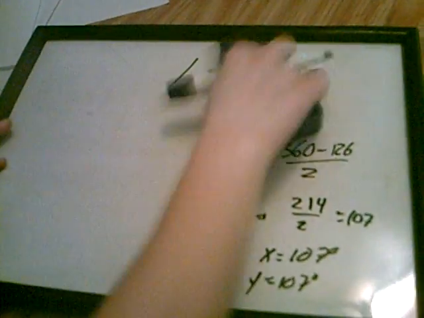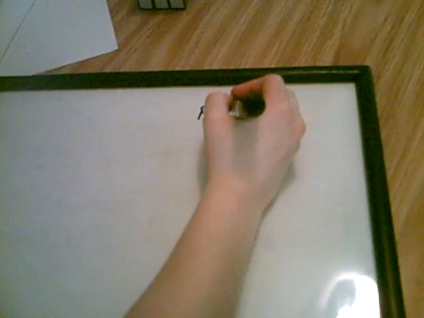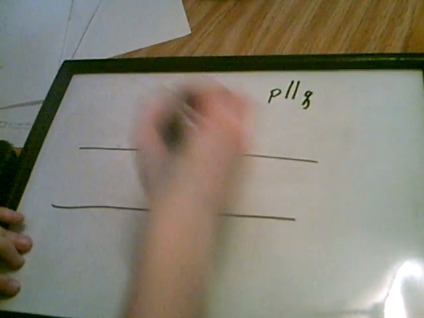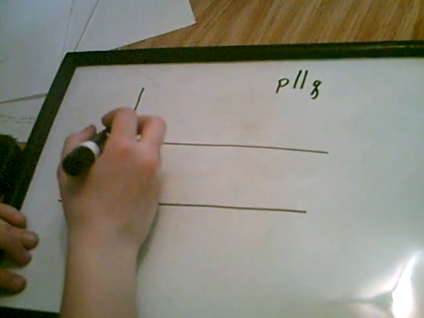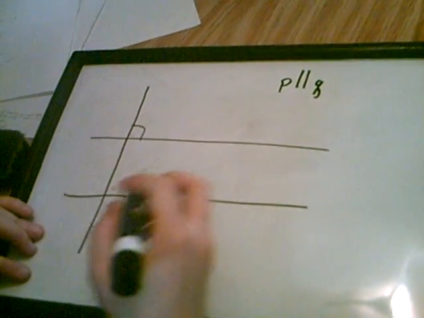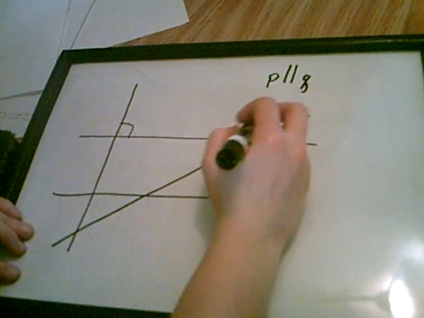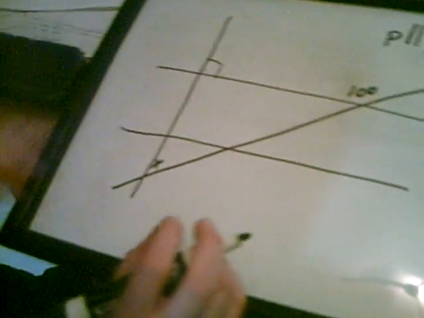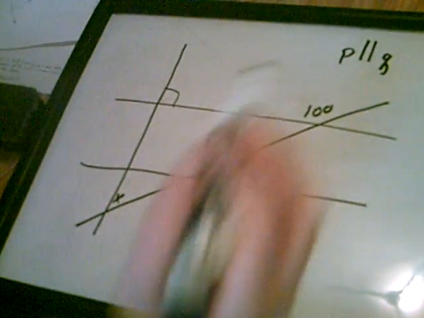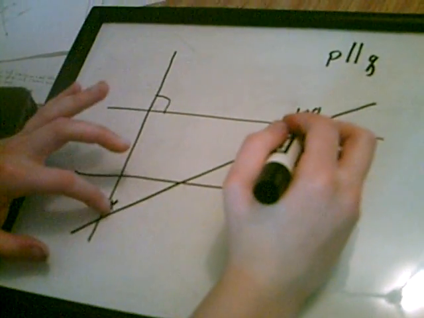Alright, another example. This time we're going to have line P parallel to line Q. And also we're going to have a separate line here that's perpendicular. We're given this angle is 100 and we want to find X. Well, there's no formula to go straight from here to here.